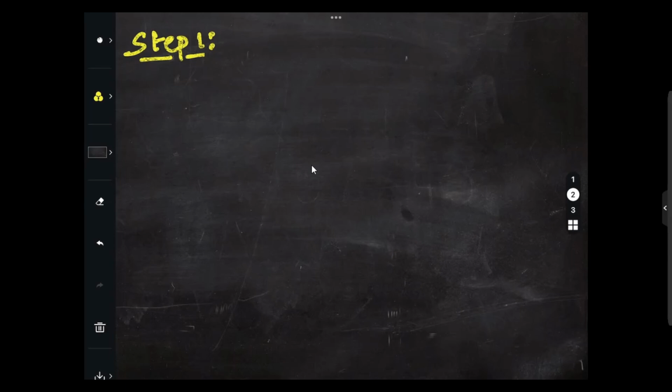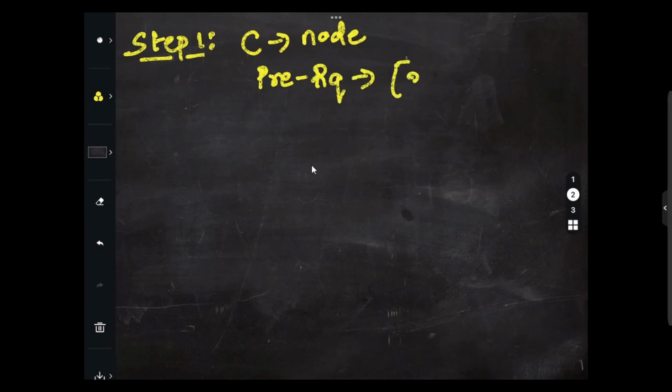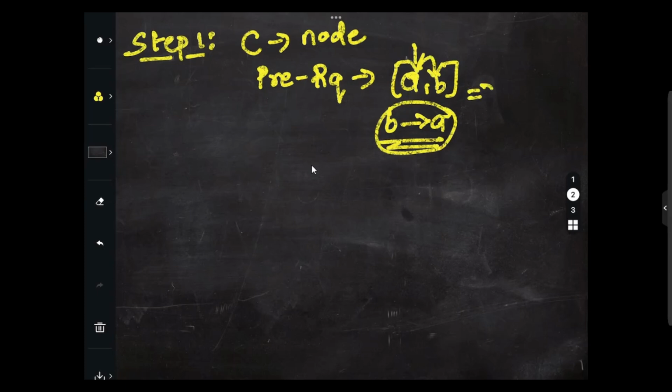We can visualize this problem as a directed graph where each course is a node and prerequisites A comma B form a directed edge. Why? Because to complete A we need to complete B first. So it forms a directed edge from B to A.